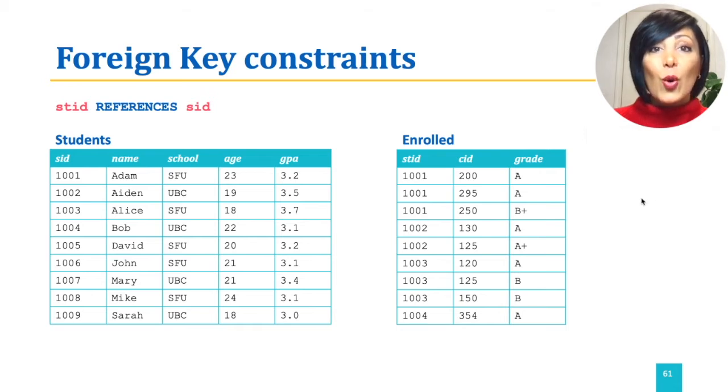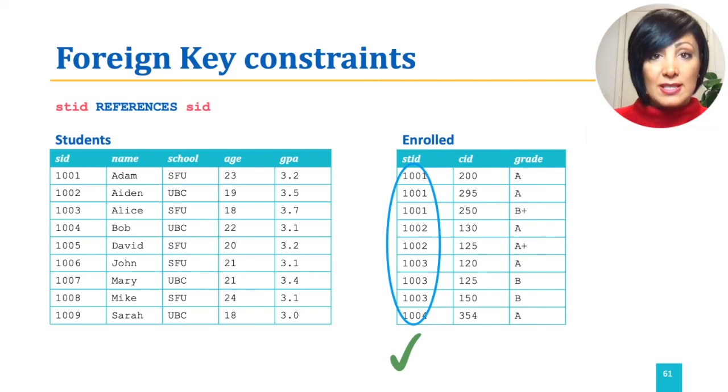Note that all values of STID 1001 to 1004 exist in the SID attribute of the students table. There is no need for every value of SID to be used in STID.